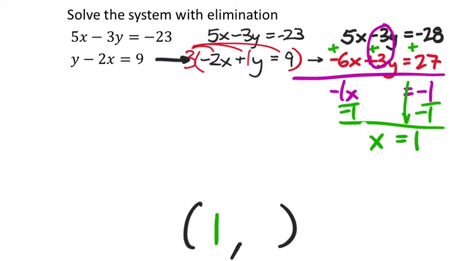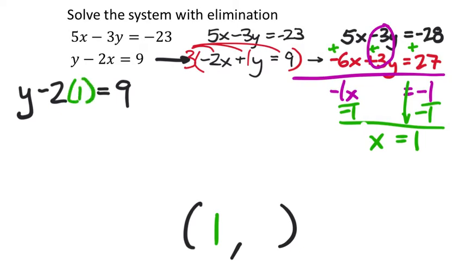And I'm going to use the second equation because it's just y by itself. I wouldn't have to worry about a principle of equality to get rid of that negative 3. So I go back, again, I want to use one of the original equations. y minus 2x equals 9. But right here, from the value we found, we're pretty sure that x is 1.